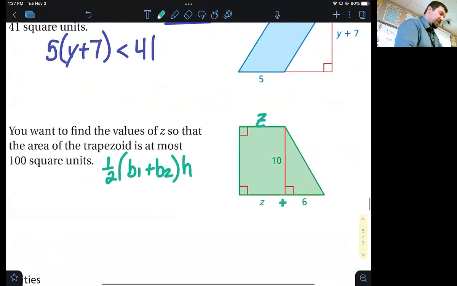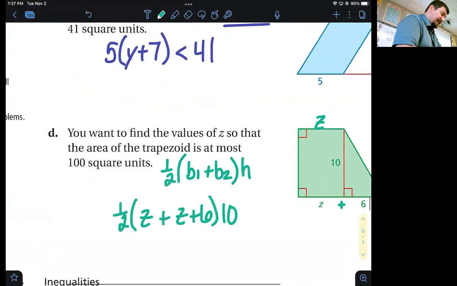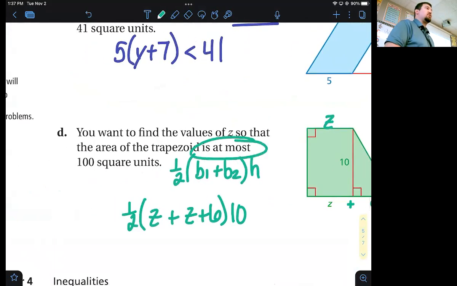Okay. So I've got 1/2 times Z plus Z plus 6, or 2Z plus 6, times the height. What's the height, Maddox? 10. And then it says is at most 100.